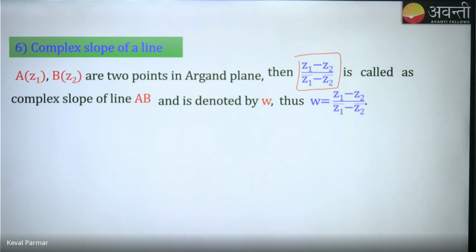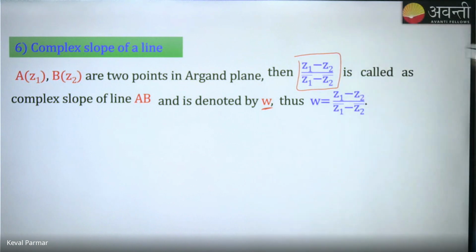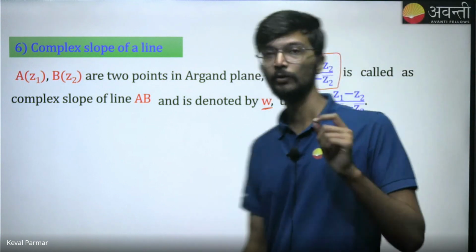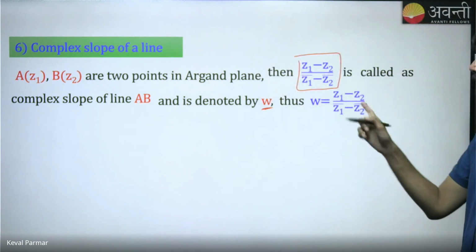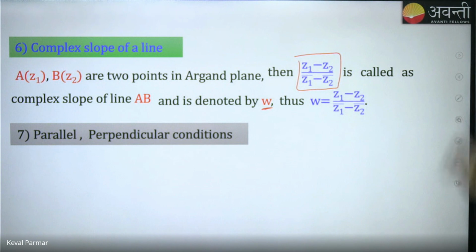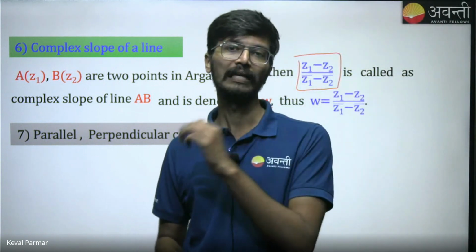And in complex numbers, the slope is denoted by W. Right? In our coordinate geometry, we used to denote the slope by m. So here W equals z1 minus z2 upon z1 bar minus z2 bar. Parallel and perpendicular conditions. Now we know that if two lines are parallel, their slopes are equal.